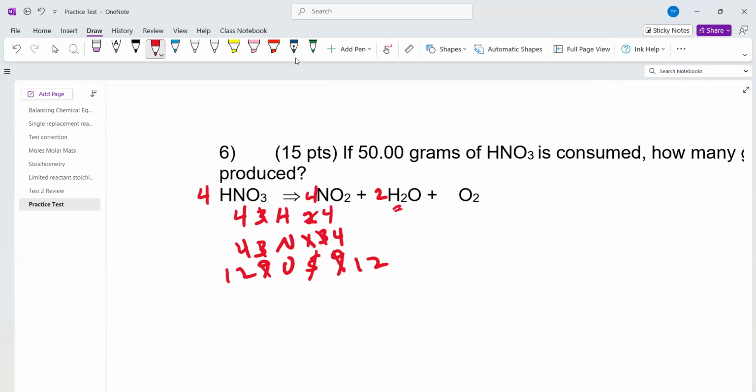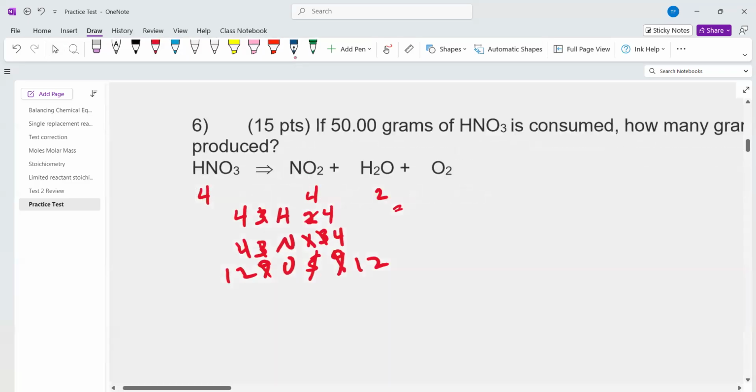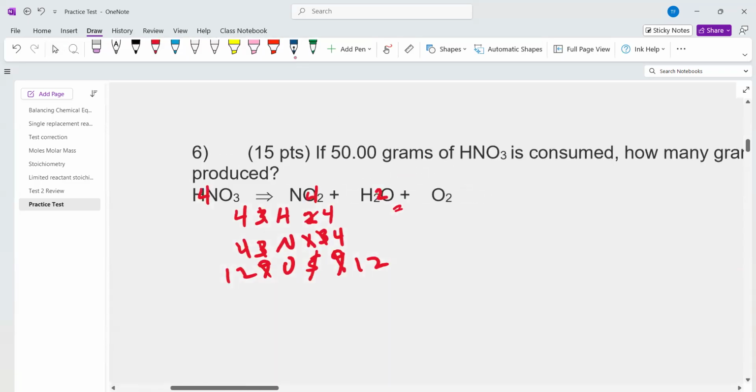Okay, so step number 1 is balance the equation, which we did. All right, so let's go on.